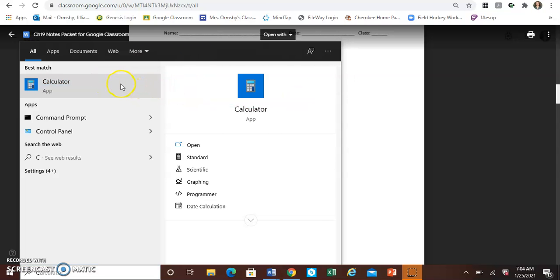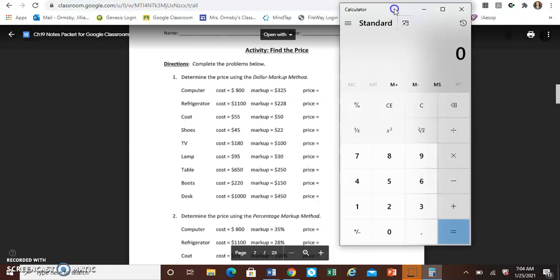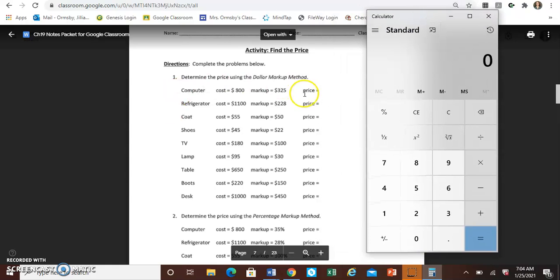So the first method that we're using here is the dollar markup method. To do that, you're simply adding.